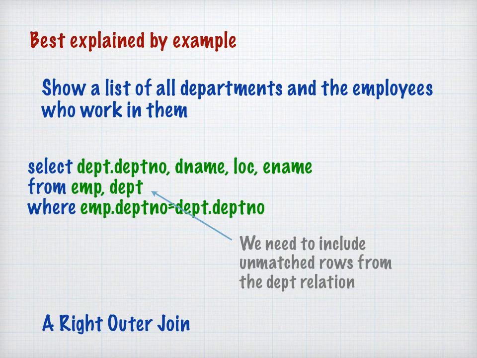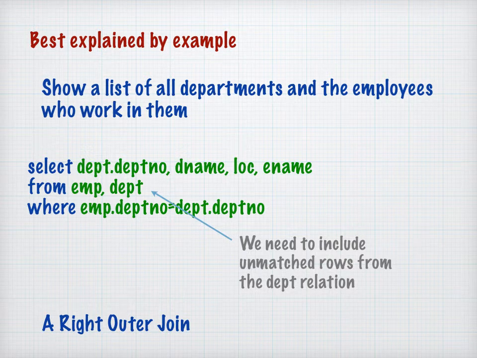Sometimes what we want to do is include unmatched rows from one of the tables. So we want to combine the tables together, but we want to include things that don't match as well. And either we can include things that don't match from the table on the left or from the table on the right. Now, if you have a look at the from clause, you can see it says emp comma department.